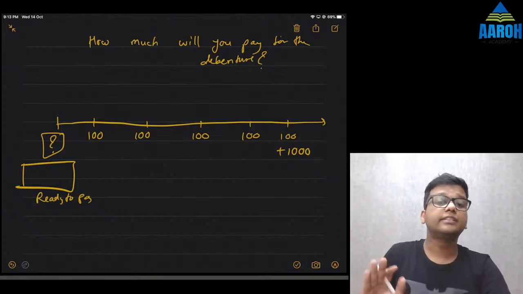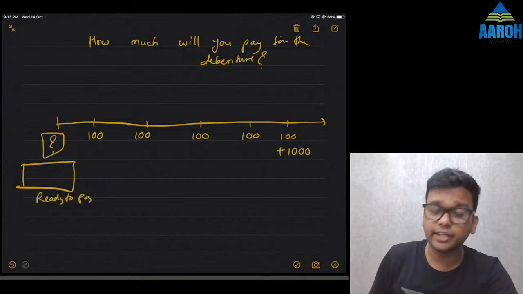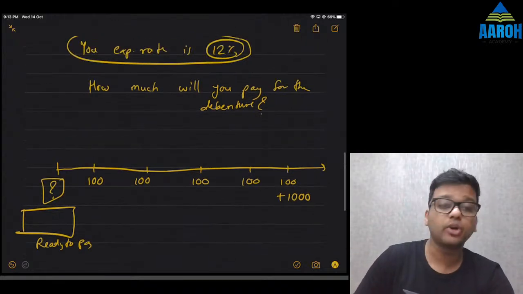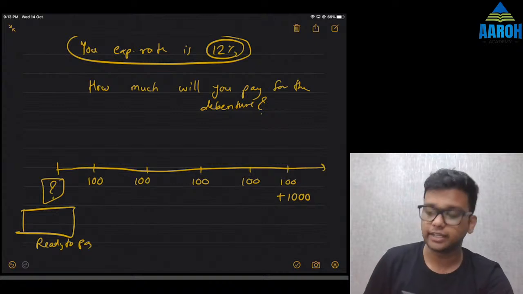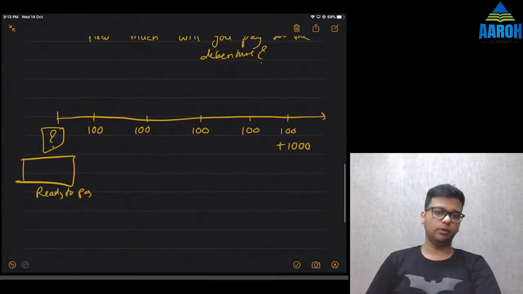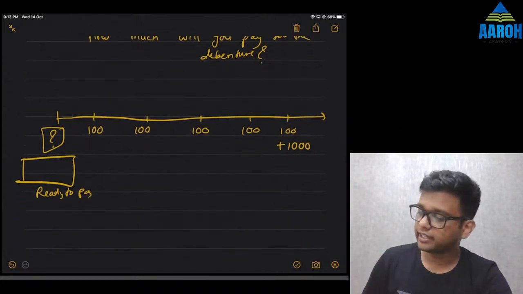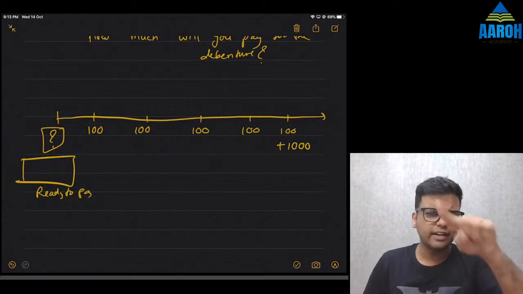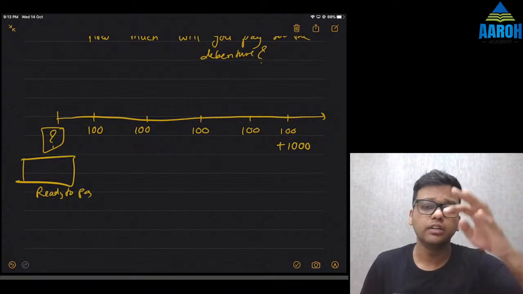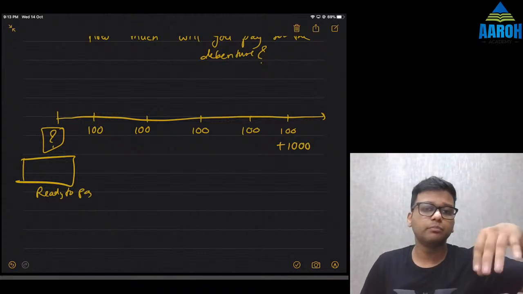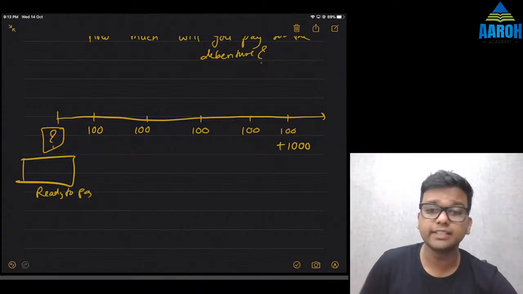At what rate should we discount? 12%, because we want return of 12%, right? So let's discount everything at 12%. Now consider very carefully that 100, we don't have to discount separately, because that is an annuity.